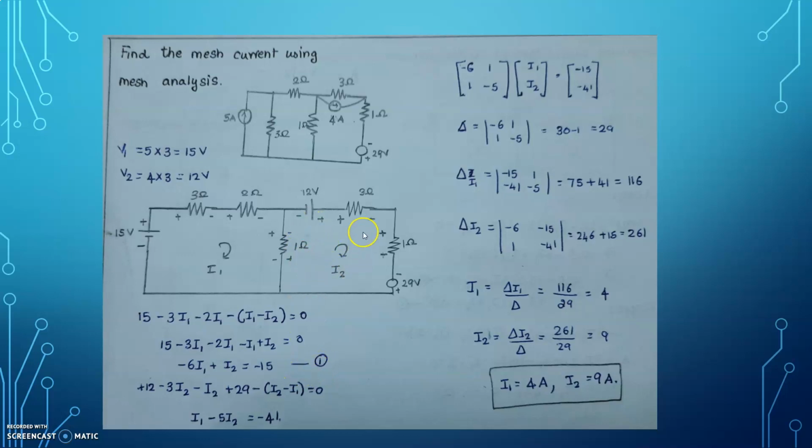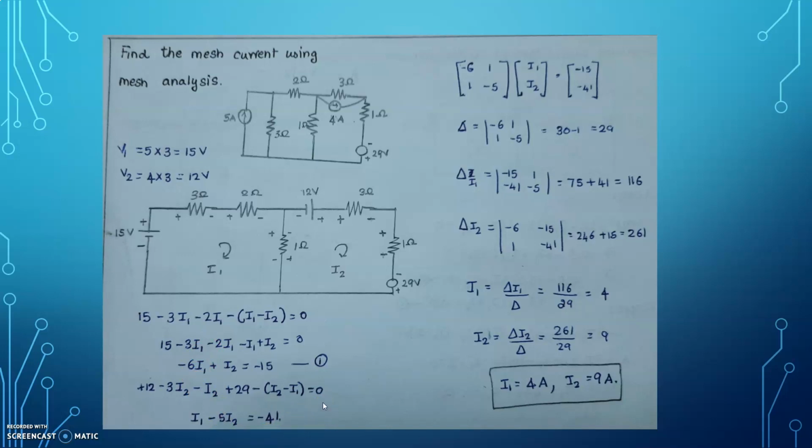Next, applying KVL at loop 2, write the equation: the rising potential, plus 12 volts, minus 3 into I2 minus 1 into I2, plus 29, minus 1 into (I2 minus I1) is equal to 0. Rearrange, combine I1 and I2, and name this equation number 2.